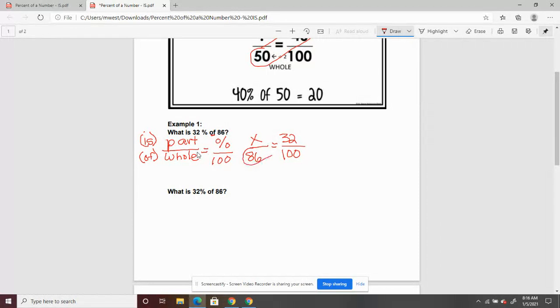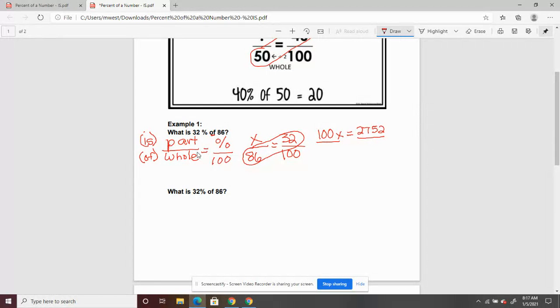Okay. And when we did ratios, remember I told you to circle these. So now you can set up the one-step equation of 100x is equal to 86 times 32, which is 2,752. You probably will need your calculator from here on out.